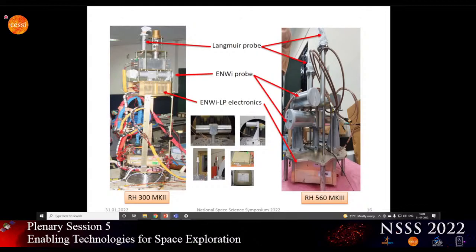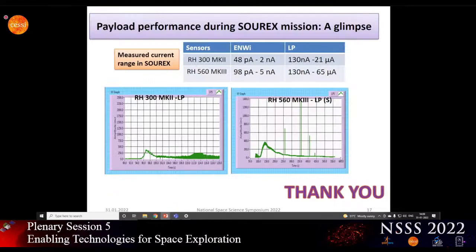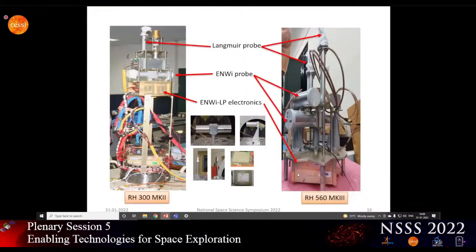There was a lot of mechanical integration change for accommodating these 2 payloads together. We have the 2 Langmuir probes here, and these are the 2 pairs of NV probe. And below is the stacked electronics box.